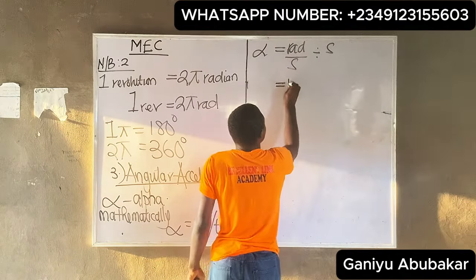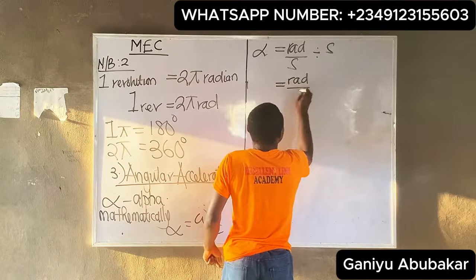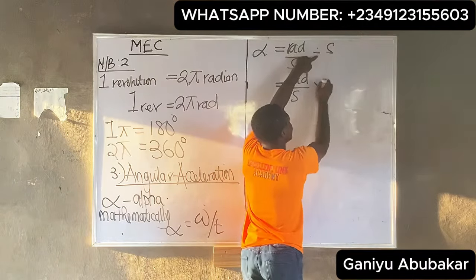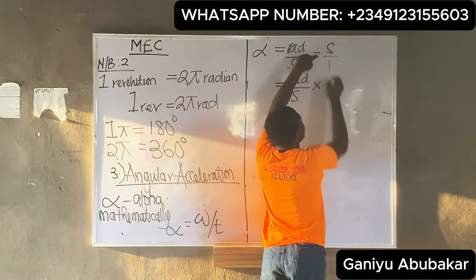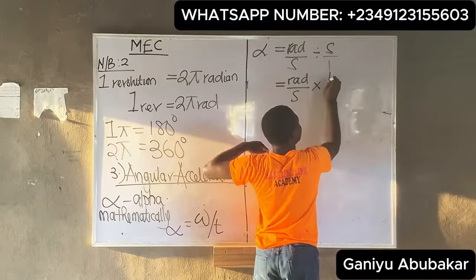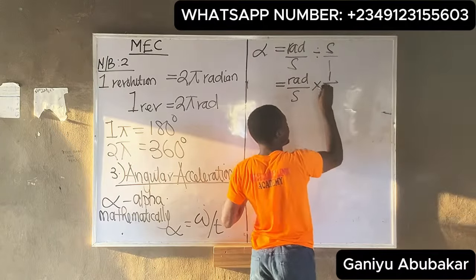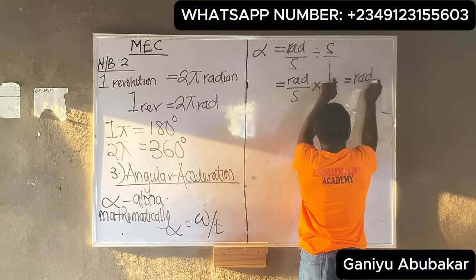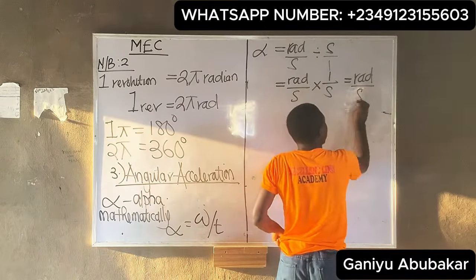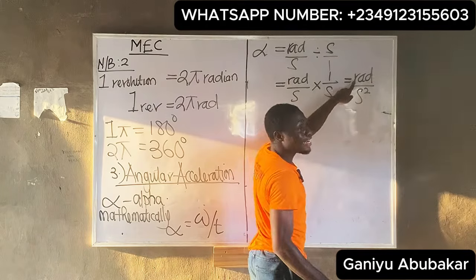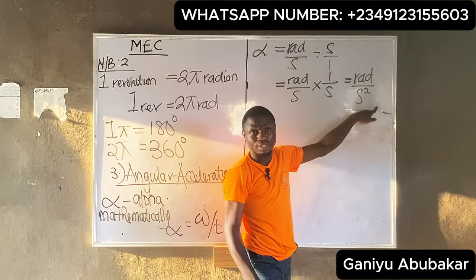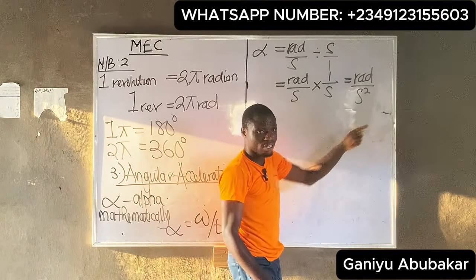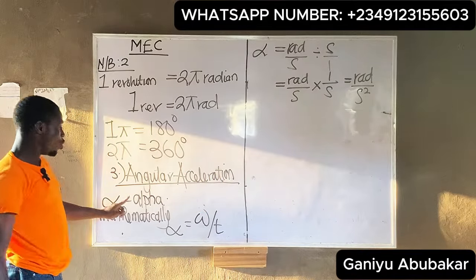This gives you rad per second, divided by seconds. There's an invisible 1 here. Put this one up first and the seconds comes down here. So rad times 1 gives you rad, and seconds times seconds gives seconds squared. This is rad per second squared, the SI unit for your alpha.